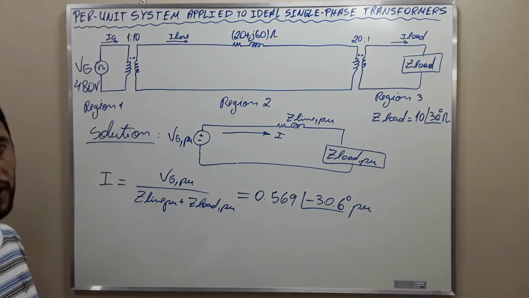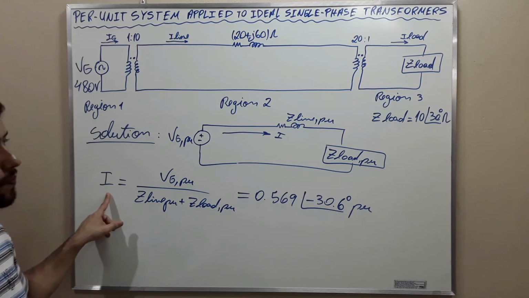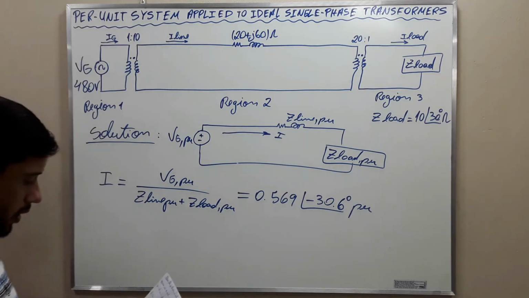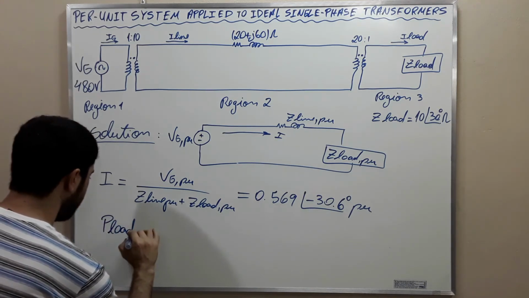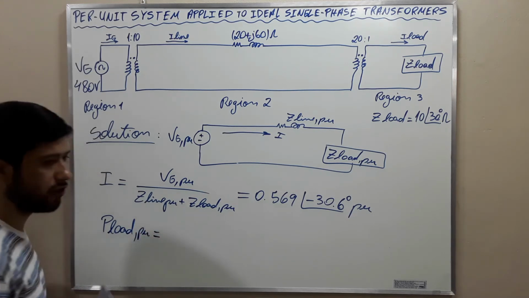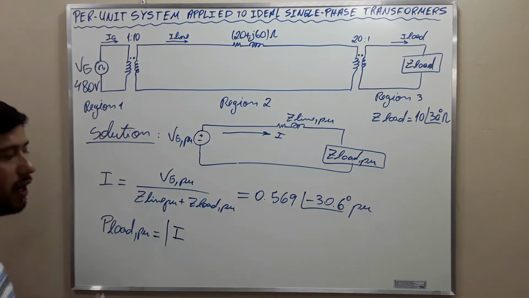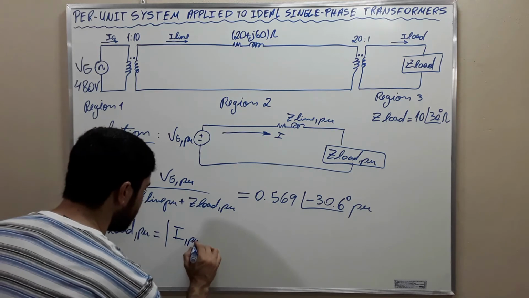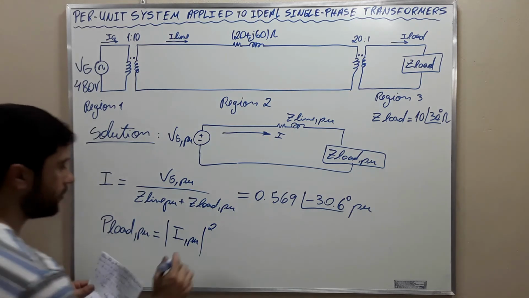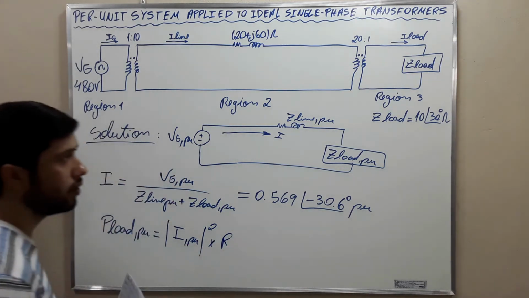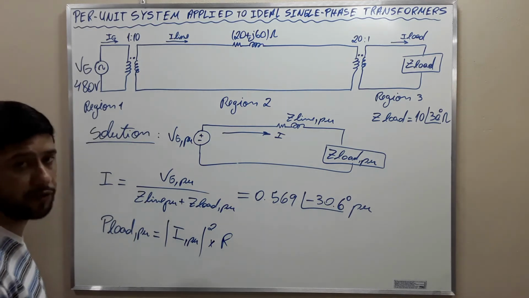Now we are going to calculate the real power delivered to the load. We are going to use this current here. The real power delivered to the load in per unit is equal to the absolute value of the current squared times the real part of the load, which is the resistance.